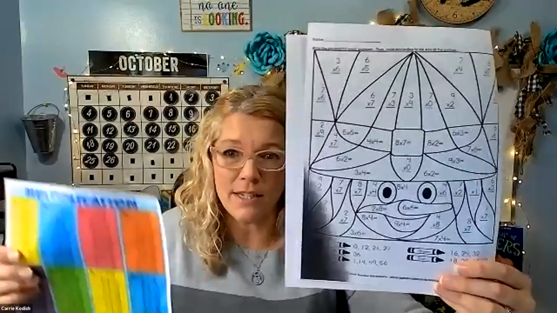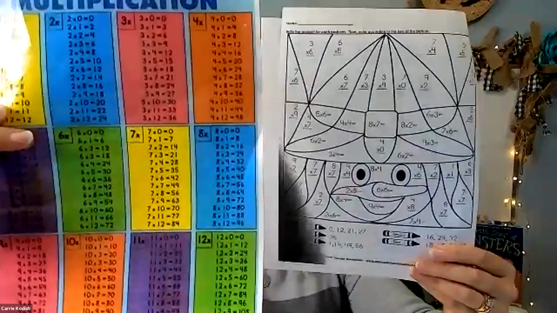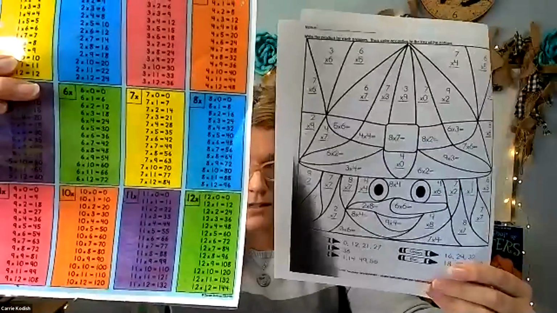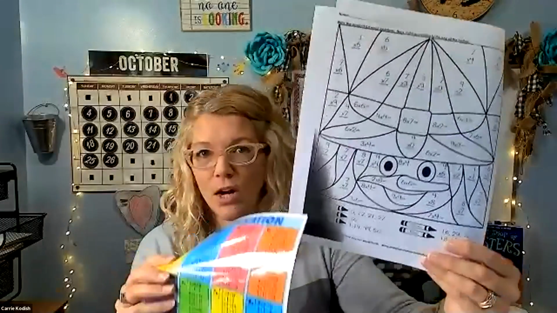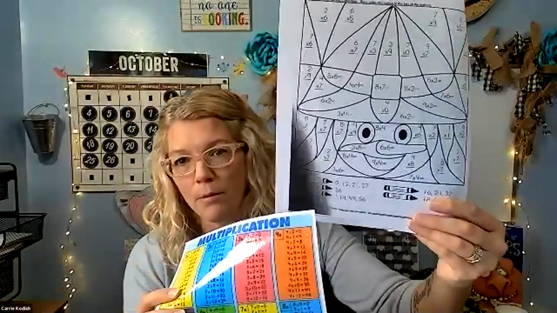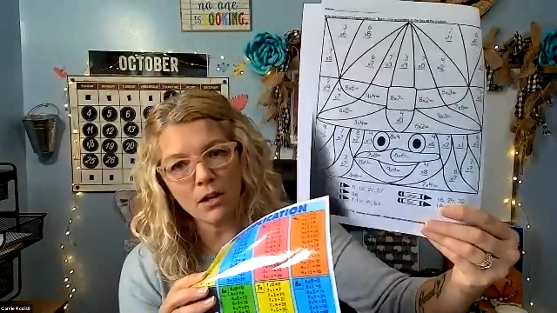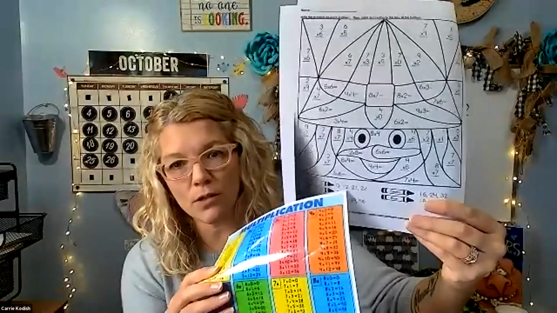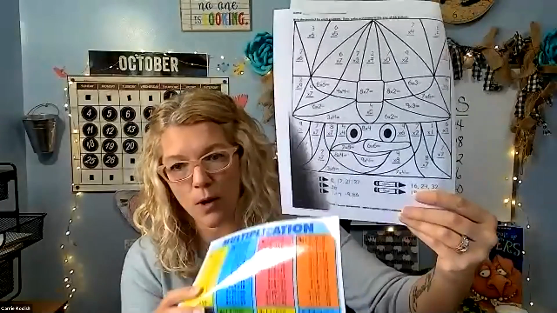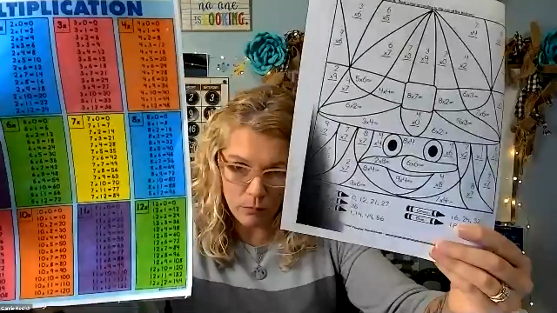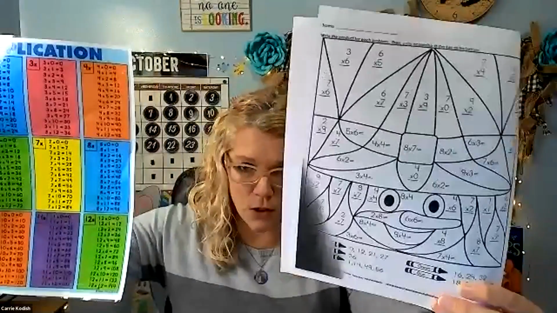This is just practice, so you can use this to help you answer these. And then you color it in. Sorry, I kind of messed up on the copy machine there, but you can kind of see the colors. So if the answer is 12, you color the 12 a certain color. You'll answer these first and then color them, and we can show them off the next day and see what your witches look like.